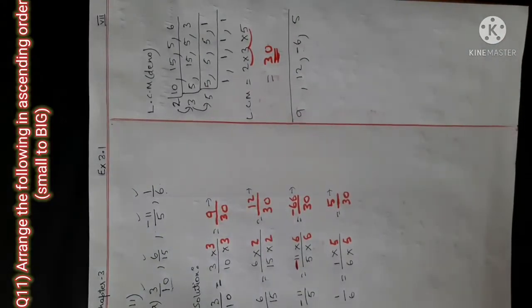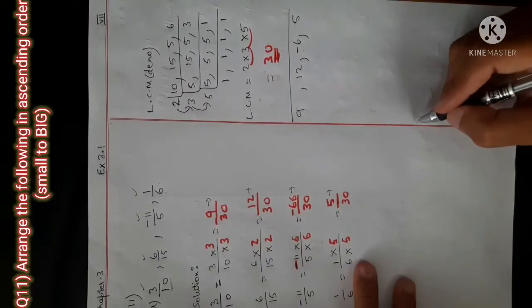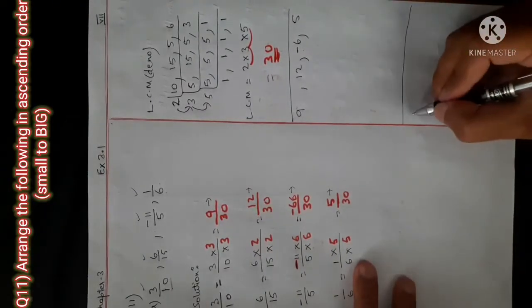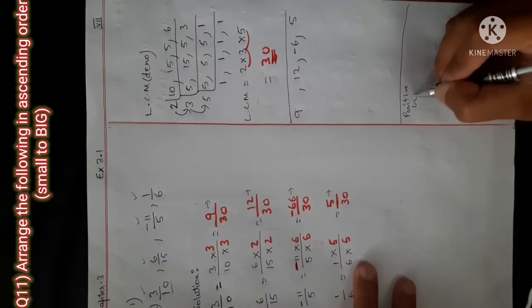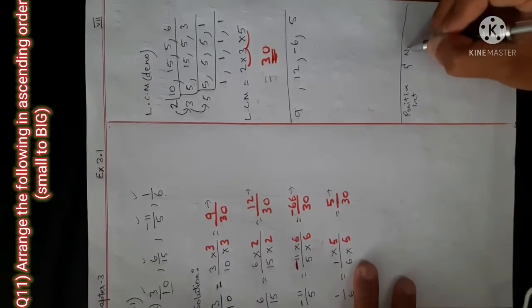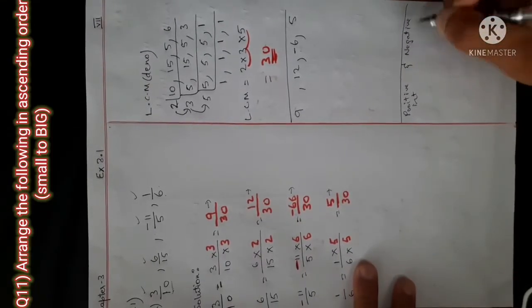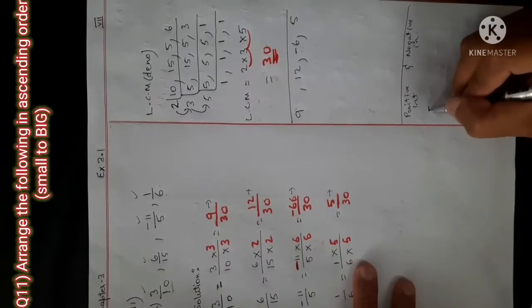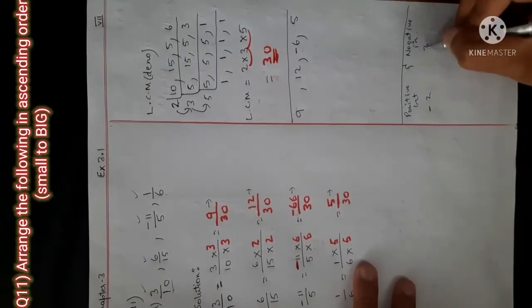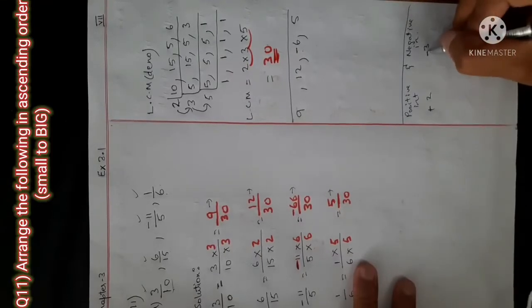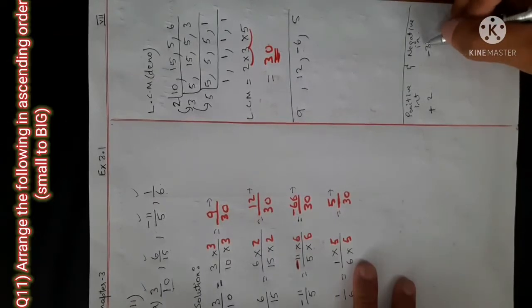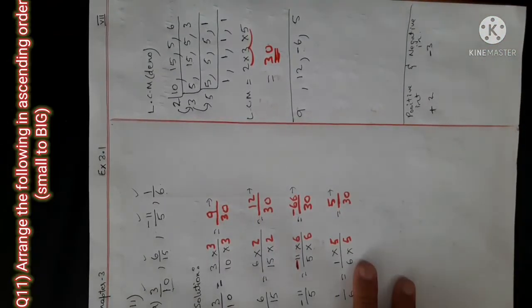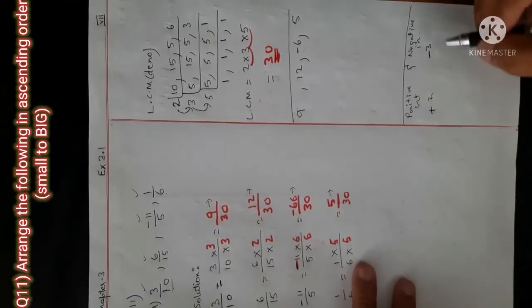Now remember, in any integer, if we have a positive integer and a negative integer, suppose we have minus 3 and 2. This is a negative integer. This is a positive integer. Which is the smallest? The negative integer will always be the smallest, isn't it?